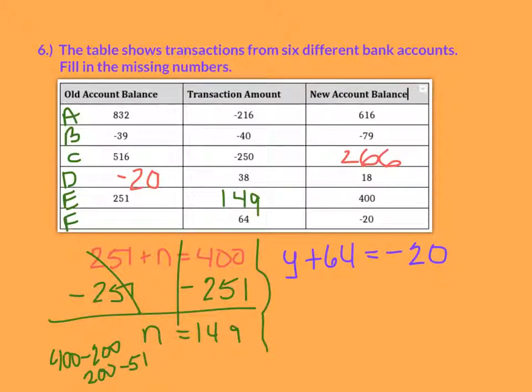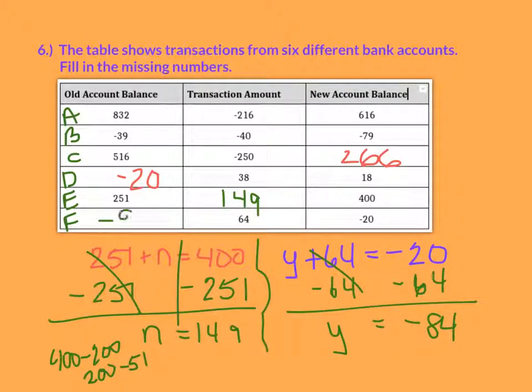Okay, so my rule, I know that I do the opposite. The opposite of plus 64 is minus 64. I subtract 64 from both sides. These cancel. I'm left with y equals, I'm at negative 20, and I go down another 64. That gives me negative 84. So right here we've got negative 84.